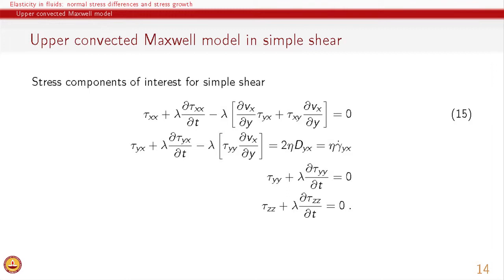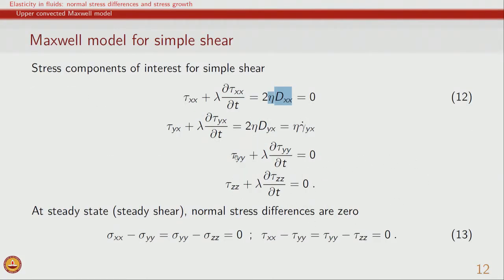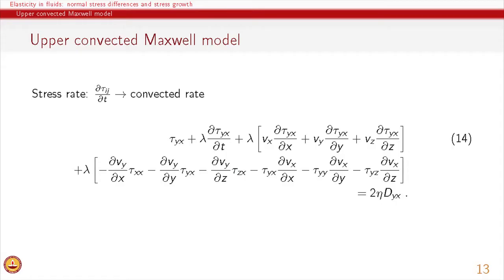The tau yy and tau zz equations are very similar to those for the Maxwell model. Just to remind us, these are the governing equations for the Maxwell model for tau yy and tau zz. They remain entirely identical, but the terms for tau xx and tau yx get modified due to the nonlinear terms present in this equation.